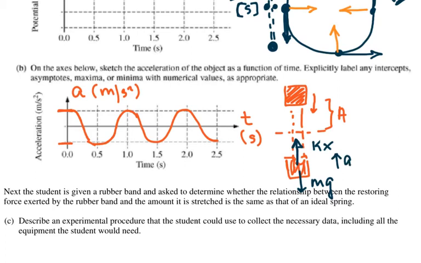So what I have is kx minus mg equals ma.